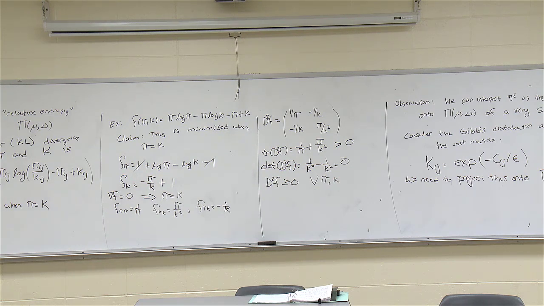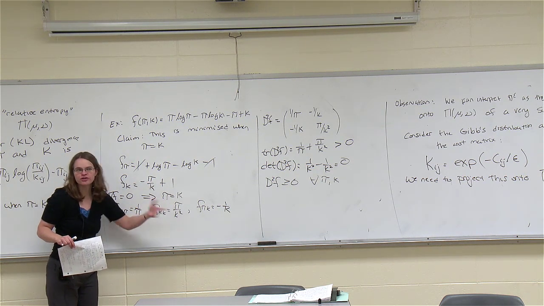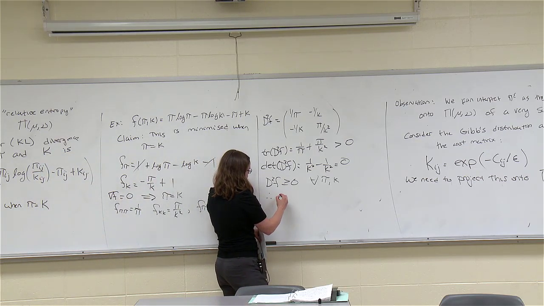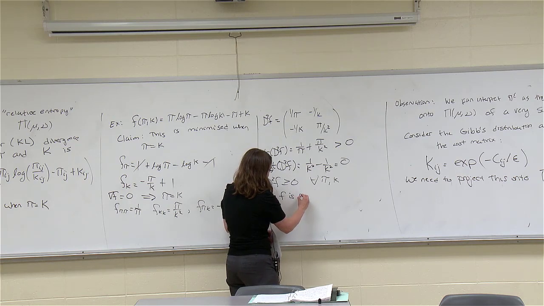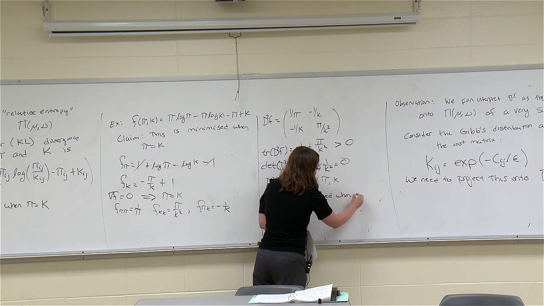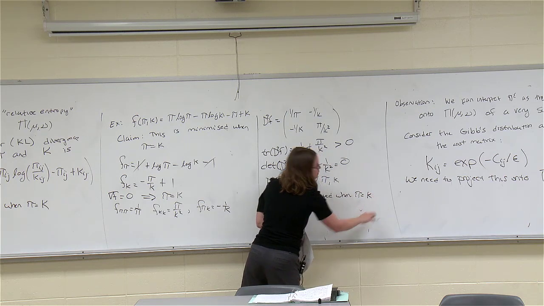There's no concavity changes trying to happen in here, right? When I find a place where the gradient is 0, that's my minimizer. So f is minimized when pi is equal to k.